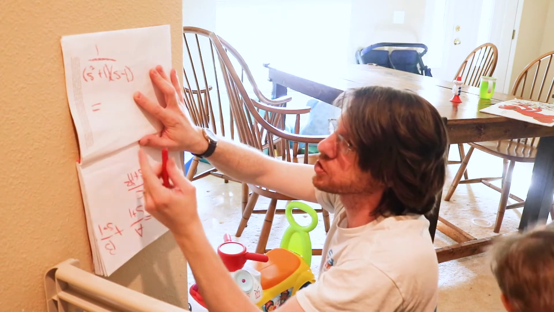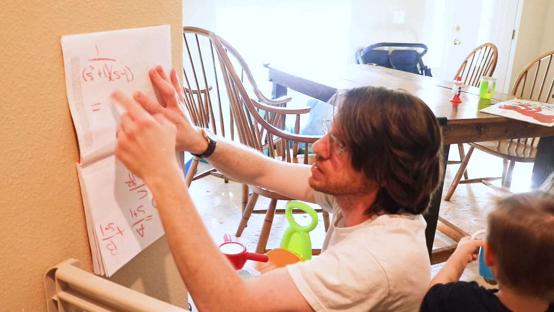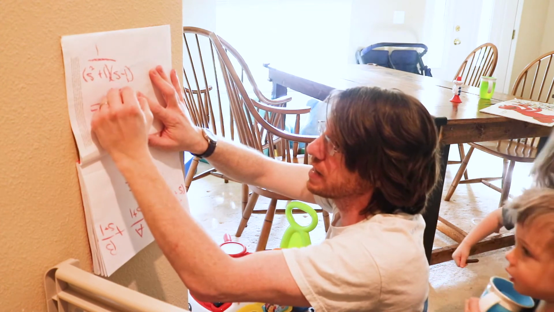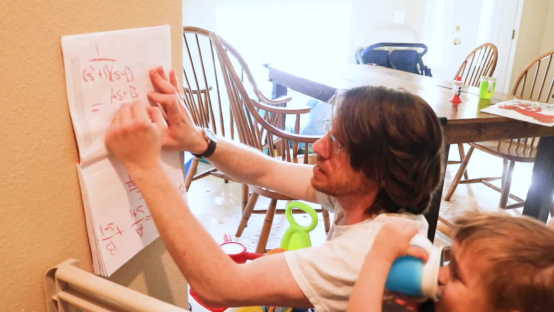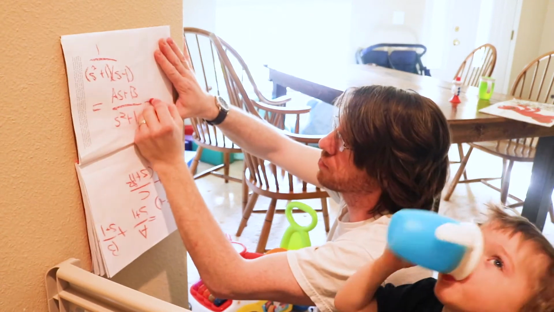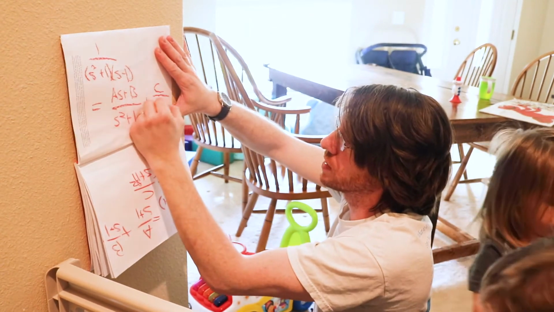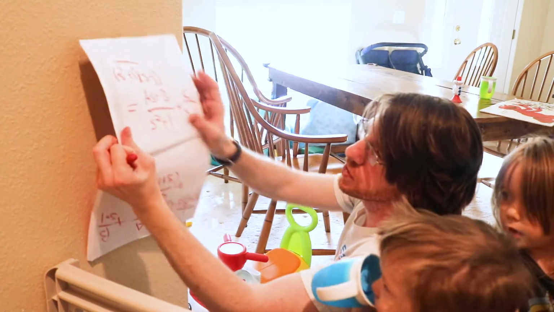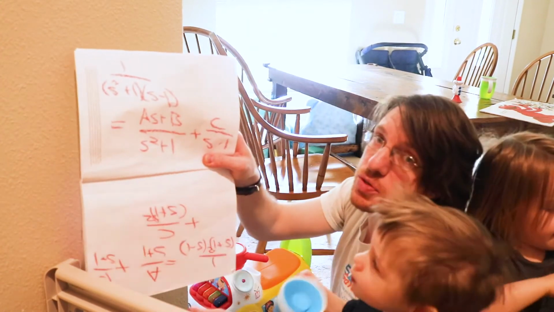Then your irreducible term is actually going to contribute two variables. So you're going to have a s plus b over s squared plus 1, and then we have plus c over s minus 1. All right, and so you're going to have a linear term over your irreducible.